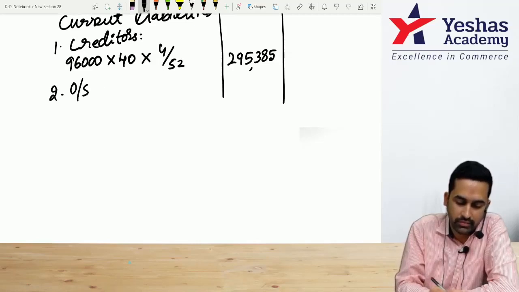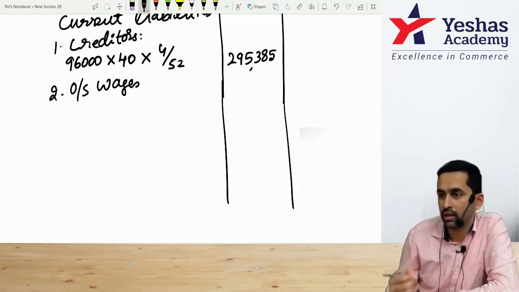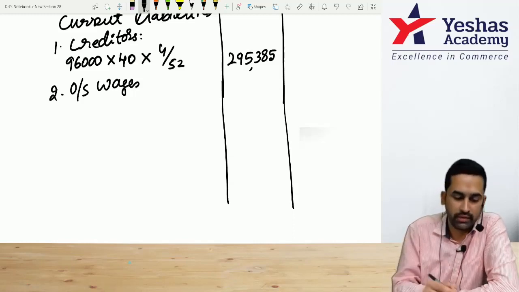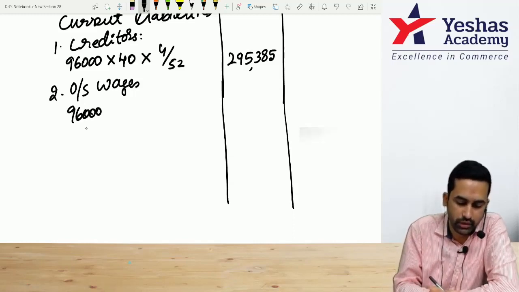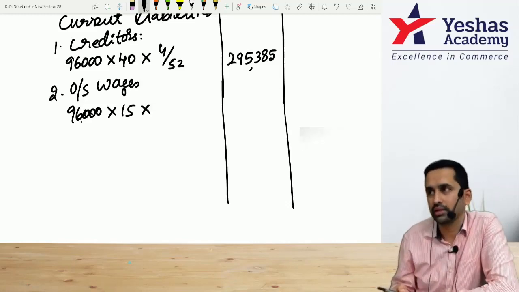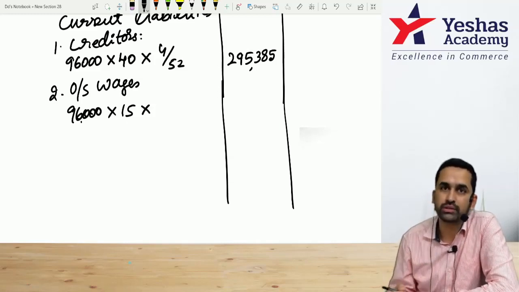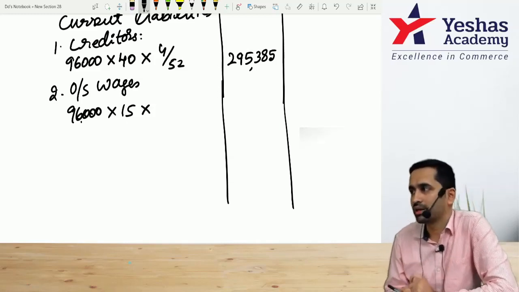Outstanding wages. That's when it becomes a liability, correct? Outstanding wages will be 96,000 units into 15 rupee. One second. In calci, 96,000 into 15 you do first. The number that you get, what is that now?